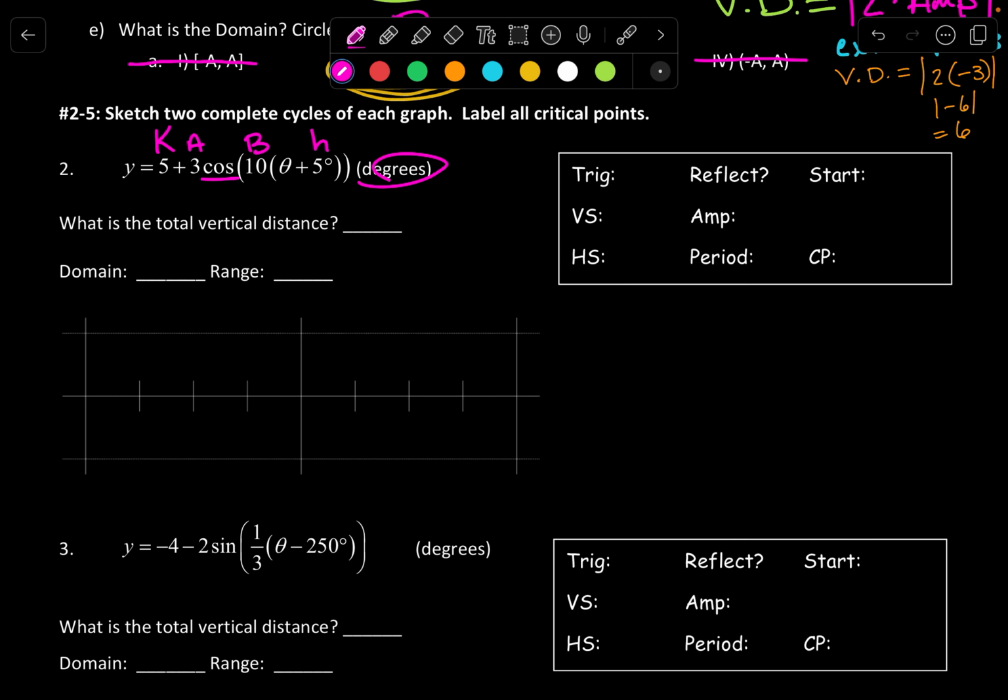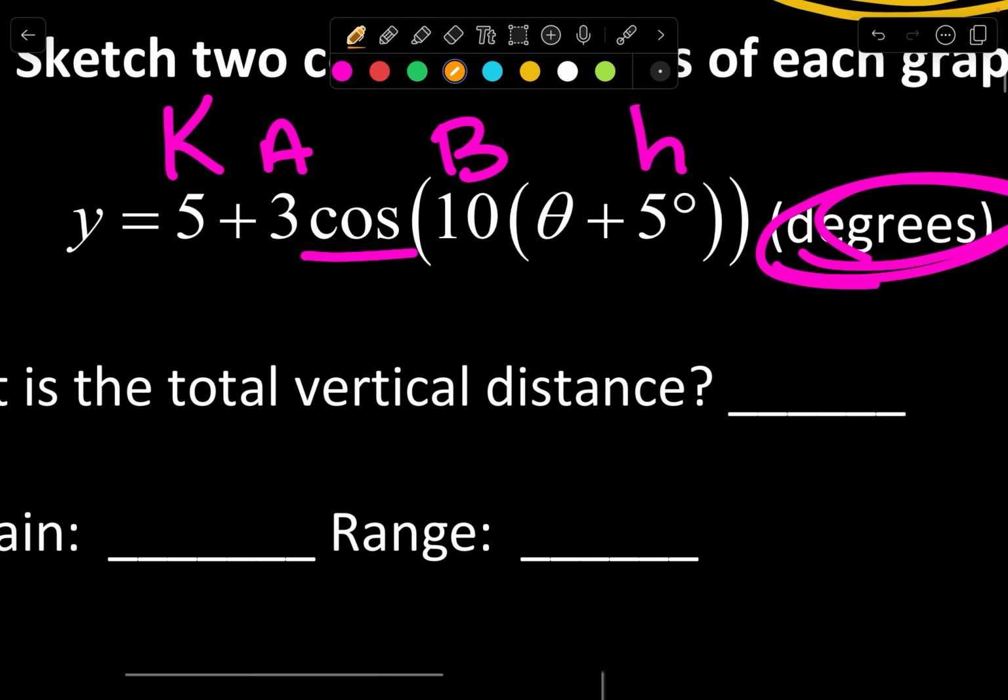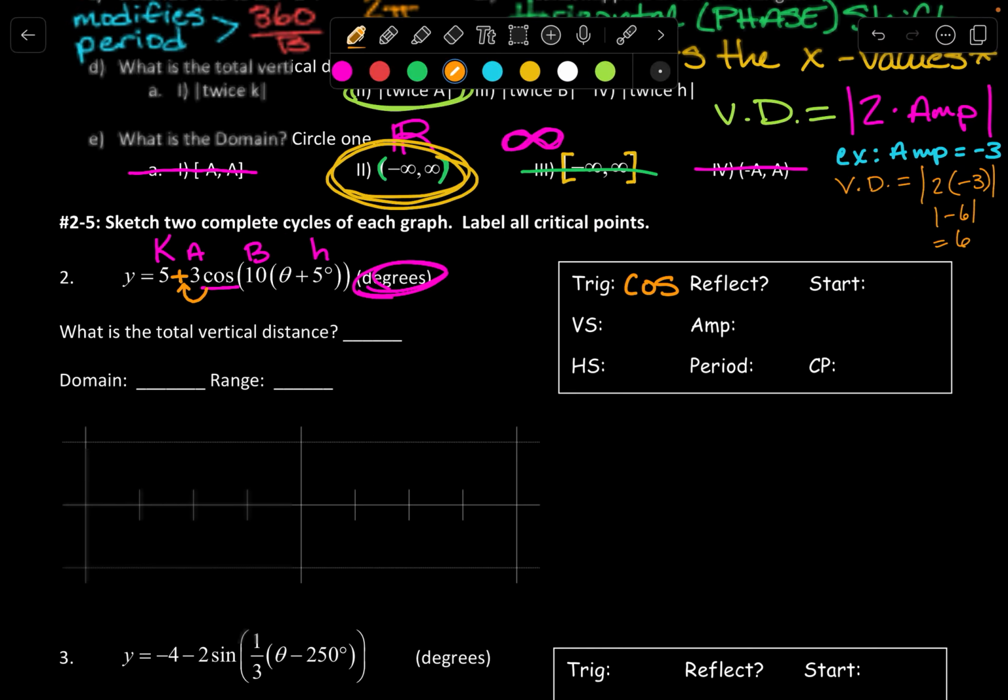So we are going to start with the trig function. It is a cosine function. If I look at the sign in front of the A value, it is positive, which means my graph has not been reflected. And if it's a cosine graph that hasn't been reflected, that means it's going to start high.